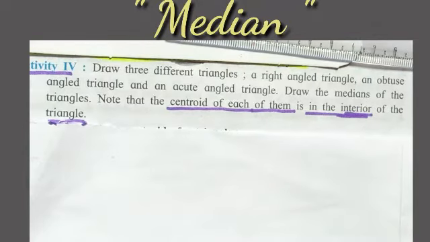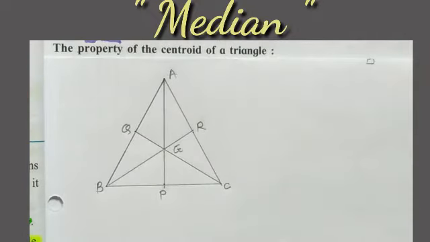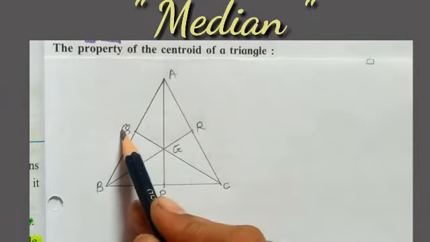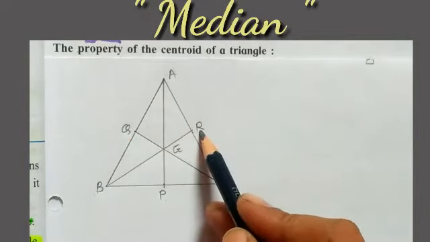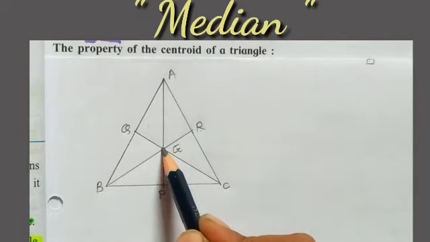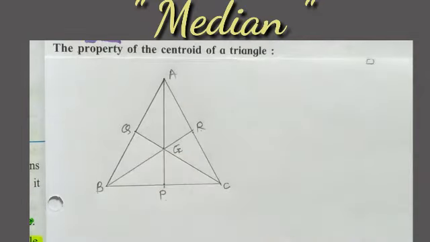Now students, let's move towards the next important property of the centroid of the triangle. Here I have drawn one triangle ABC which has three medians, that is AP, CQ and BR, and the point of concurrence of these three medians is labeled with the letter G. So G is the centroid of the triangle ABC.